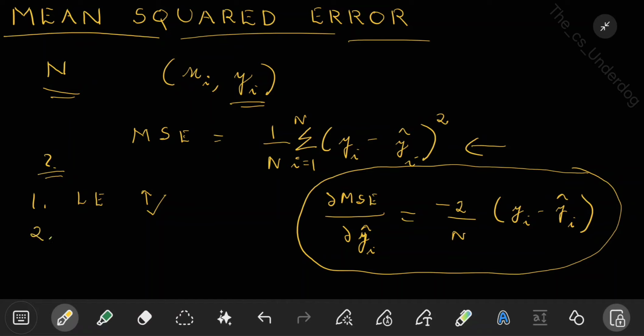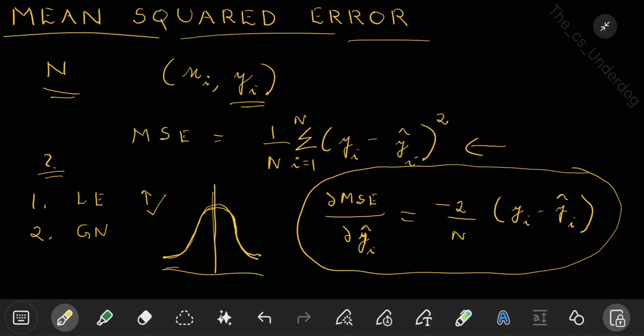The second point is, whenever you are assuming Gaussian noise. What is Gaussian noise? You can generally see it as a bell curve. That is, if your noise forms a bell curve, which has a peak and falls off towards both sides, this is a Gaussian.